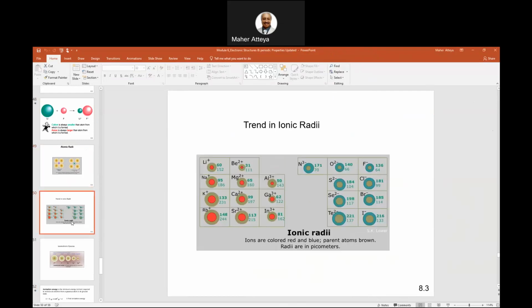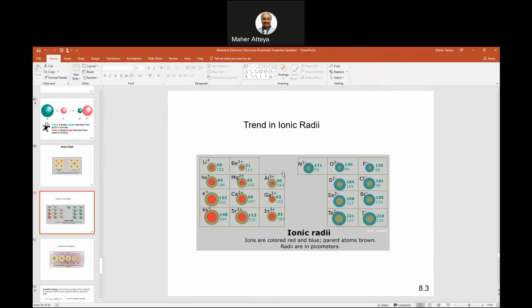Here, ionic radius is the opposite of the normal atomic radius without ions. Without ions, you can see the number is there. When you go this way, the atomic radius is colored red and blue, valence atom brown.